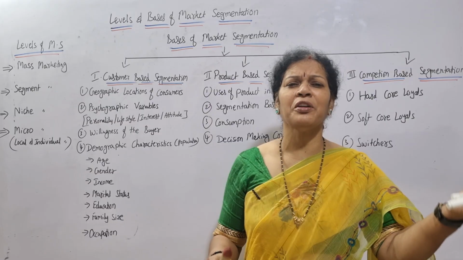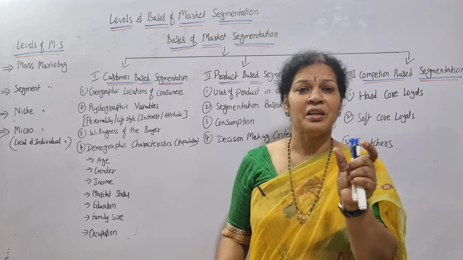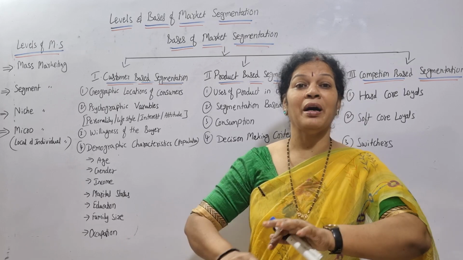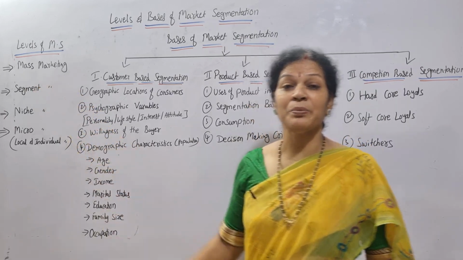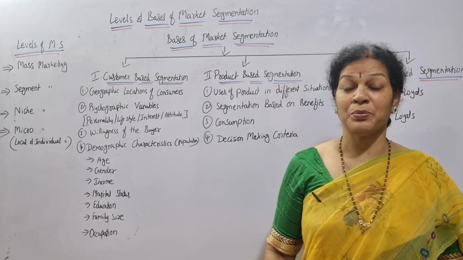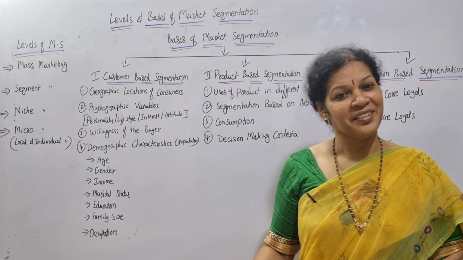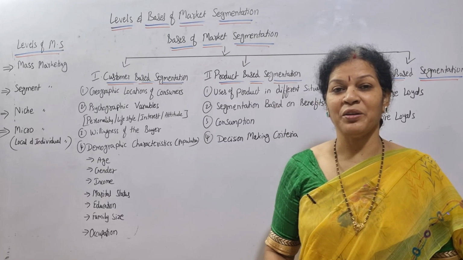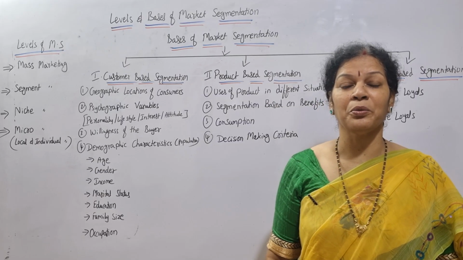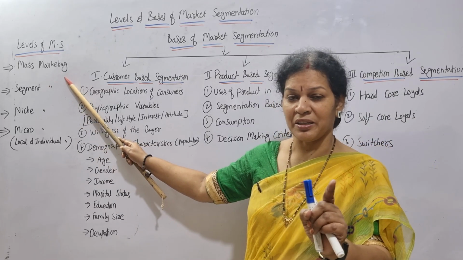Every consumer has to buy them. The product which is required by a large number of people, we say it is mass marketing. If our target is mass, then you just go ahead, understand the competition and where you have to introduce it. So that's the first level, mass marketing.